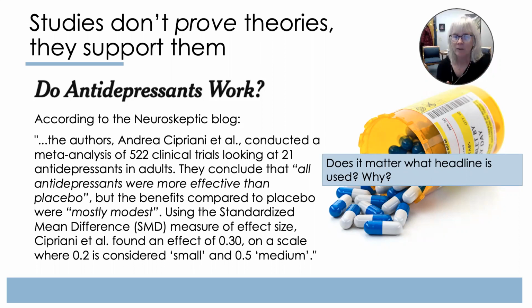But the benefits compared to placebo were mostly moderate or modest. So what we're seeing down here, and we'll talk about effect sizes more at the end of the semester, is they found an effect size of 0.3, which is more towards the small end. Not something that you're going to be really excited about.